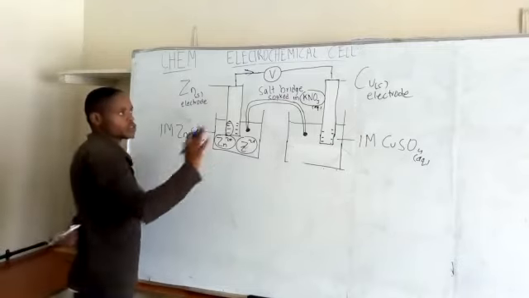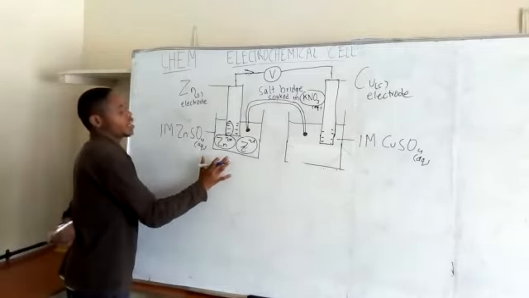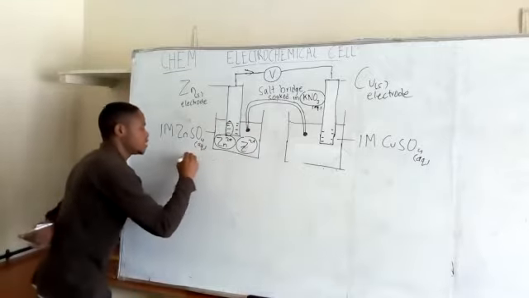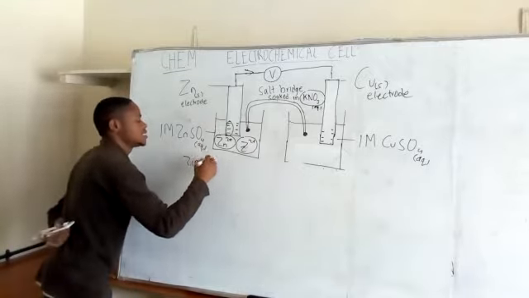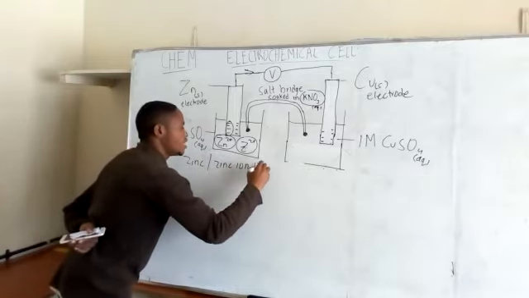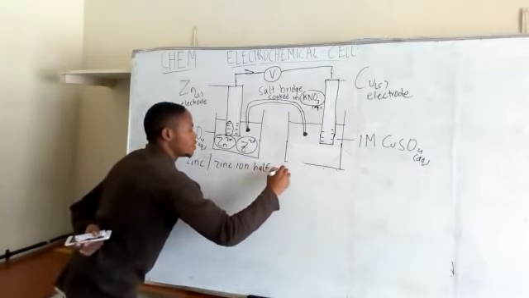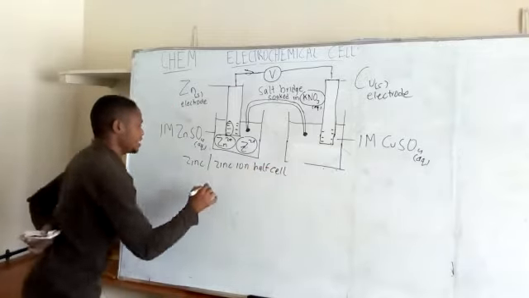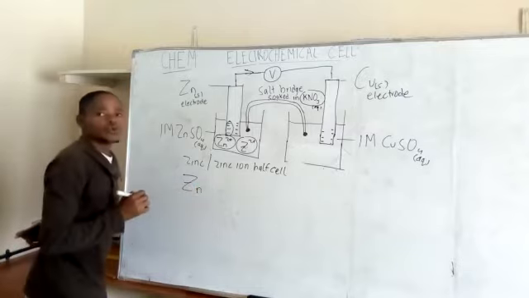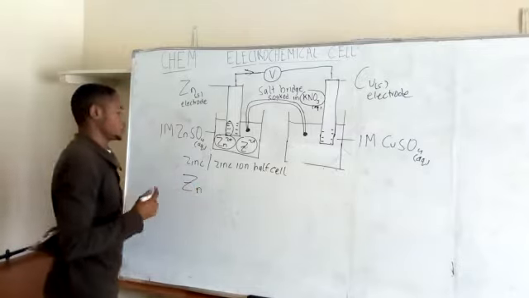Before we go to the copper electrode, this is what is going to happen on this half cell, our zinc ion half cell. Zinc has a higher ability to lose electrons, to ionize.